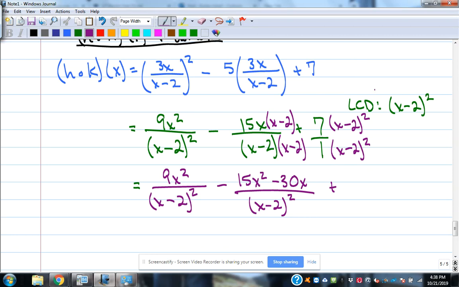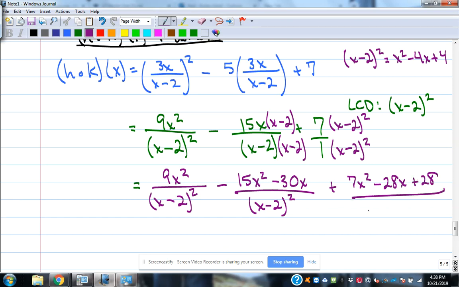And then I'm going to have to multiply out the numerator here. x minus 2 squared is x squared minus 4x plus 4. And then I'm distributing a 7 to that. So that's 7x squared minus 28x plus 28 over x minus 2 squared.